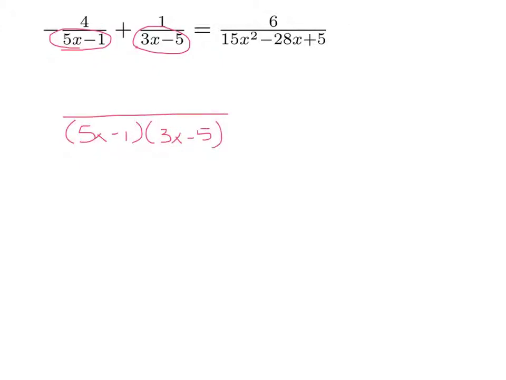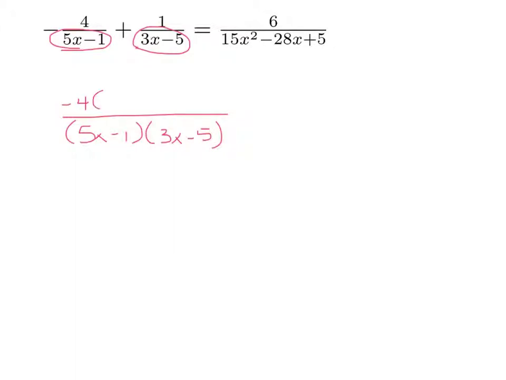And I'm going to add a negative 4 because that's what's in this fraction right here. Now keep in mind that that fraction stays the same, but you still have the 5x minus 1, that stays the same, but you have a 3x minus 5 that you added there.